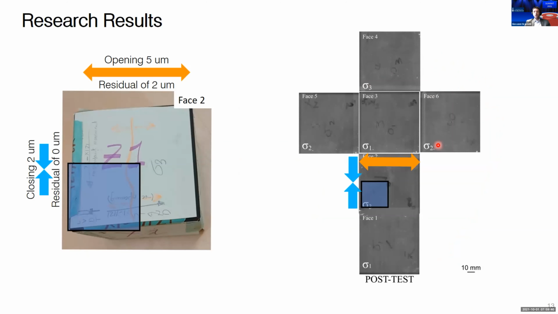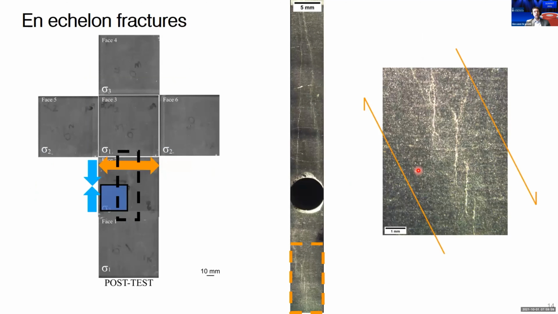Here in blue, we can see the area where our displacement sensor was showing a reduction in volume with an expansion along this axis. So it was decided to look at the sample under the microscope, and that showed us very interesting results.